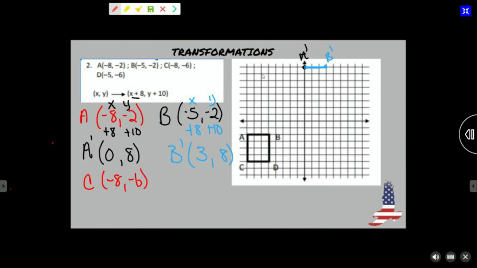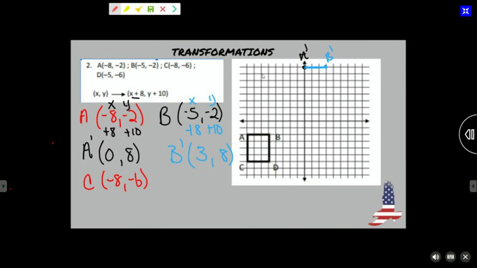What do you think? Up, up, and up. Connect them and label. So we don't have to do more. Yeah, we have to do D. We're not done yet.